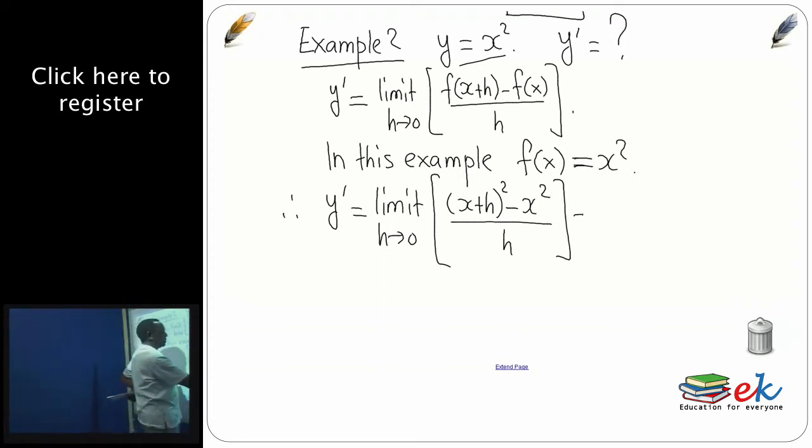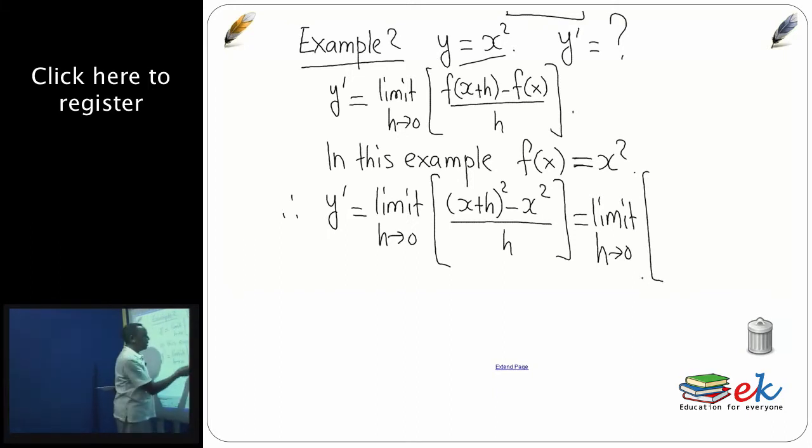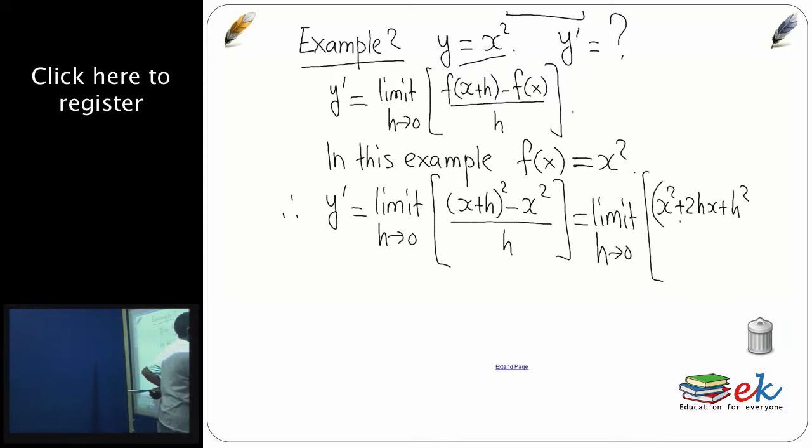We expand what we have there and get the limit as h approaches 0. Now, if you expand this expression, we get x squared plus 2hx plus h squared, that is the expansion of this one, minus x squared, divided by h.